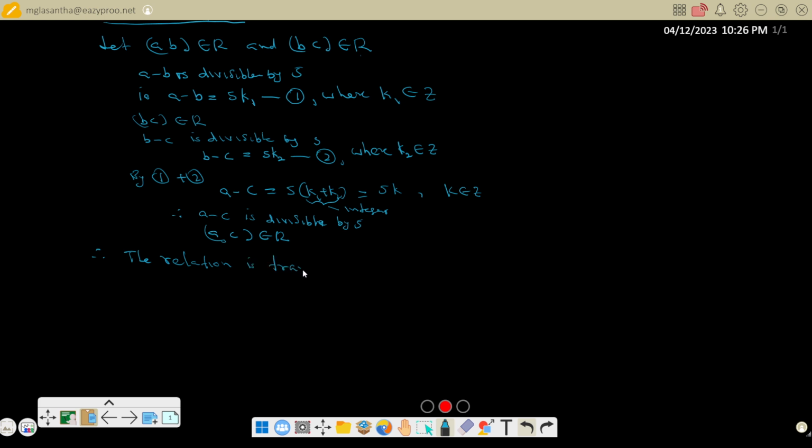For this R, the reflexive property, symmetric property, and transitive property, all these three properties are true, right?